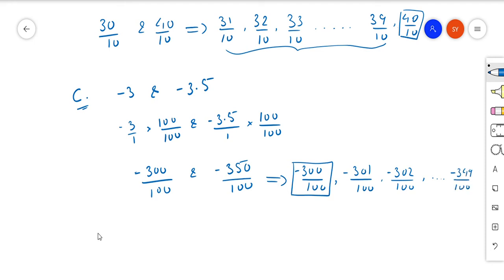You cannot include the last one, that is -350, so we won't write it. So all these numbers are numbers between -3 and -3.5.